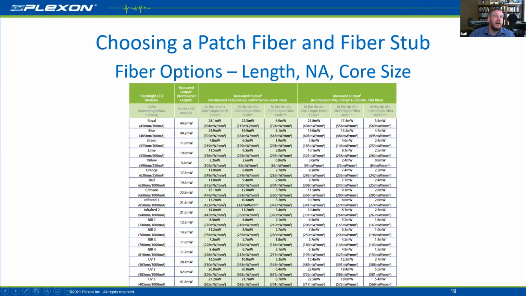If you need more power than this, then you'll want to consider a head-mounted LED. In this same document, we also have the listings for the power from the wireless or head-mounted, which is significantly higher. All right, thanks. My pleasure.